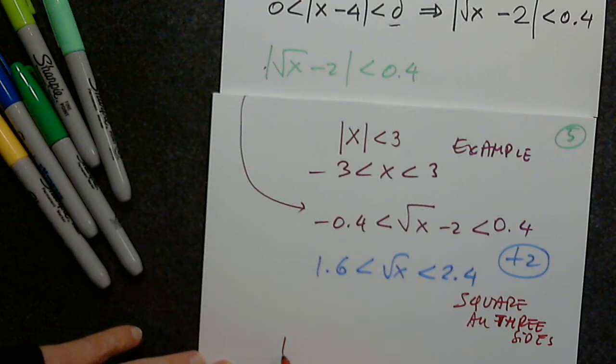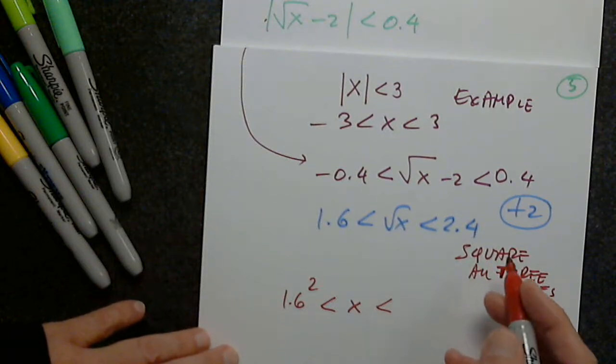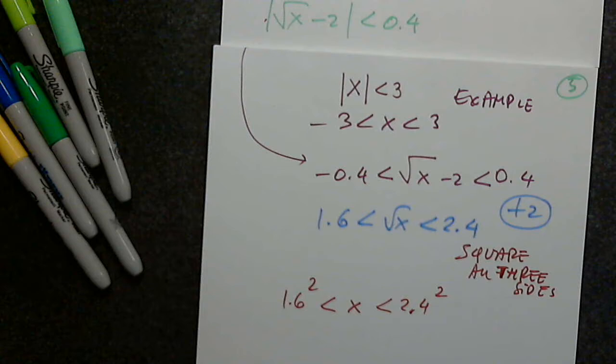I will square the left-hand side, I get 1.6 squared. I will square the middle, and I will get x. And I will square the right-hand side, and I get 2.4 squared. So 2.56 less than x less than 2.4 squared, that is 5.76. Okay, good.